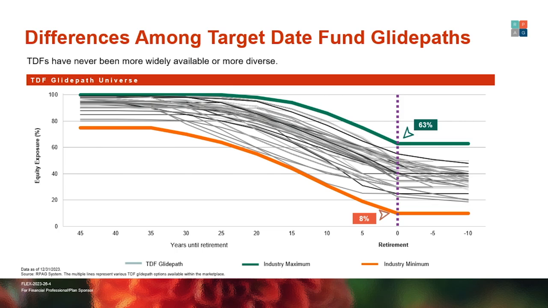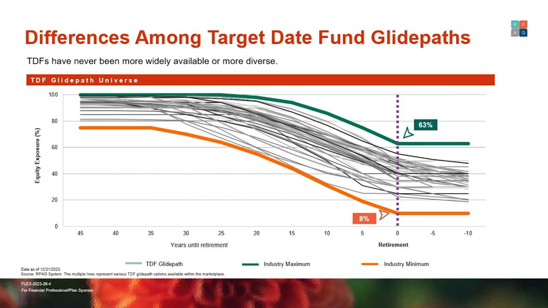So on the left, you'll see the equity exposure at the start of the glide path. So these are for the participants who are 20 years old, still got 45, 50 years left in their working life. That 25% difference in equity exposure can ultimately lead to a very meaningful amount during the accumulation phase and is honestly detrimental as to whether or not they'll be able to reach their retirement goals.